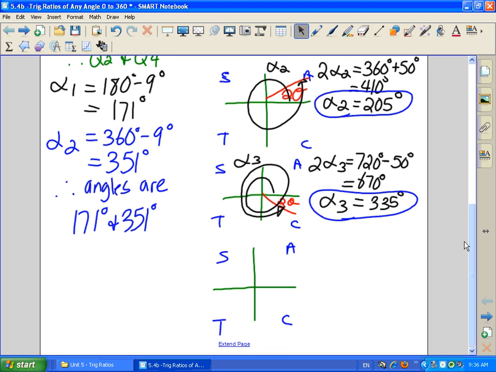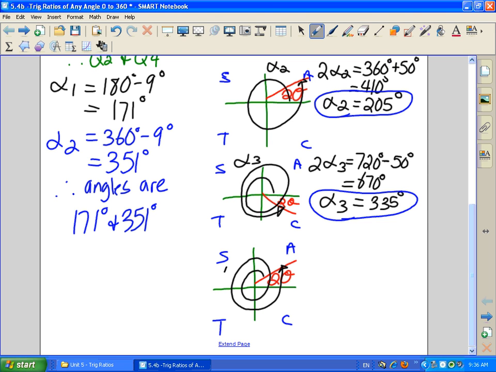So again, we're going to go back to quadrant 1, which would be the next biggest angle. And this time, we're going to go all the way around twice and come back to it. So we'll try this. Go once, twice, and come back to it. So what we really have done is 2 complete rotations plus the reference angle.